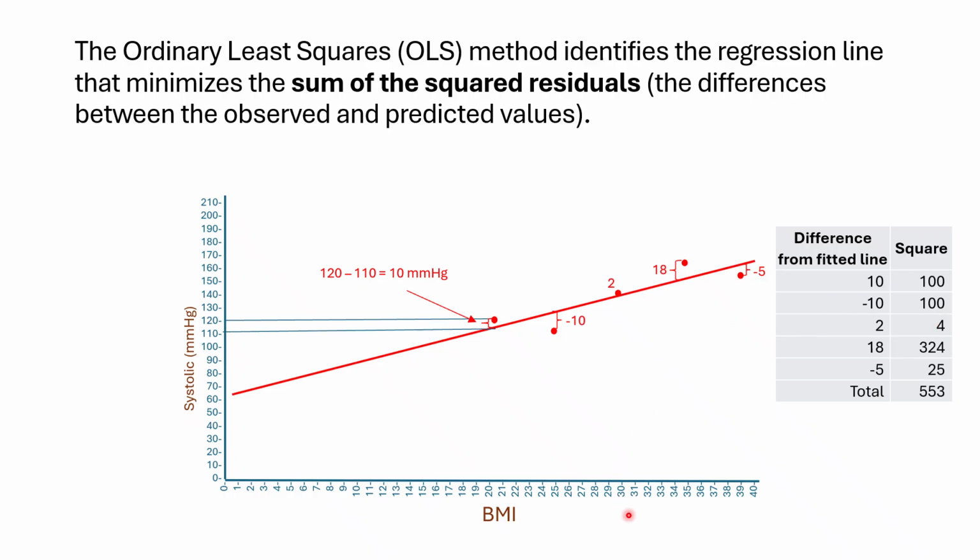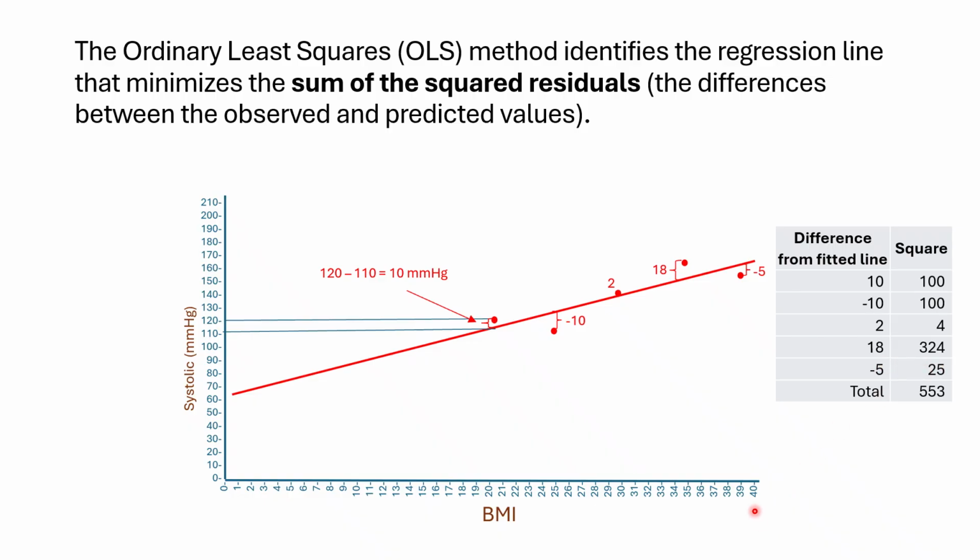For the person with a BMI of 30, we have in fact the observed value 2 above that of the predicted, so the square is 4. For the person with BMI 35, our predicted value was 18 lower than the observed, which squared the value 18, which comes down to 324.